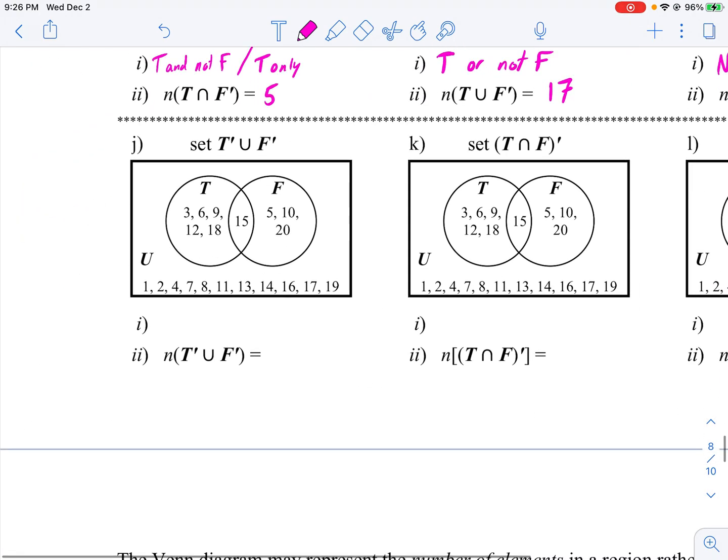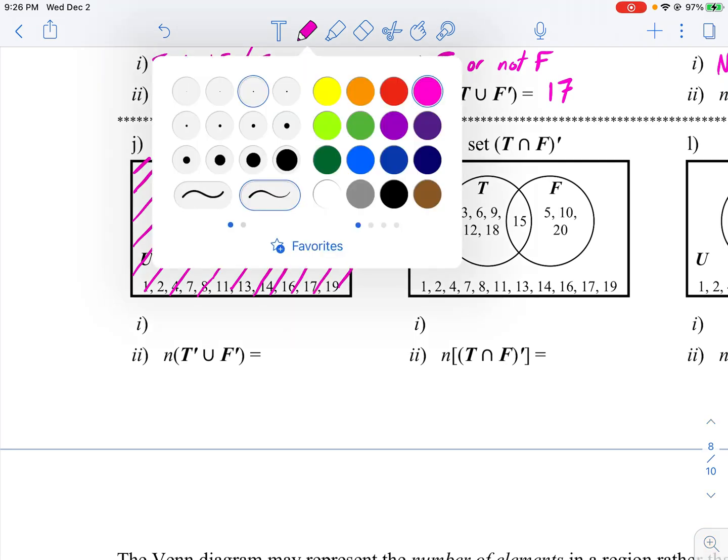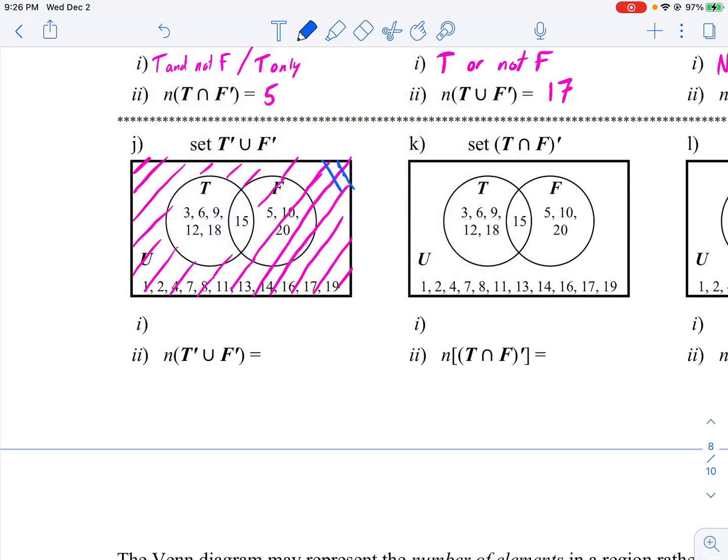If we look at this one, set not T or not F. So this one's a little bit more difficult. Let's just do the not T portion first. This would be included for the not T. So that's not T. I'm going to change colors and make not F. Not F would look like this.